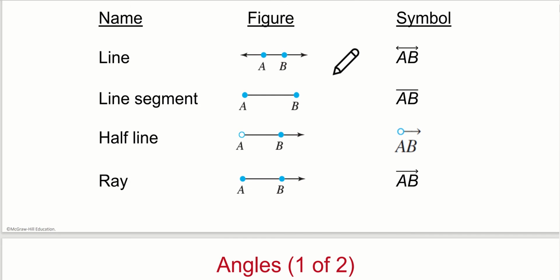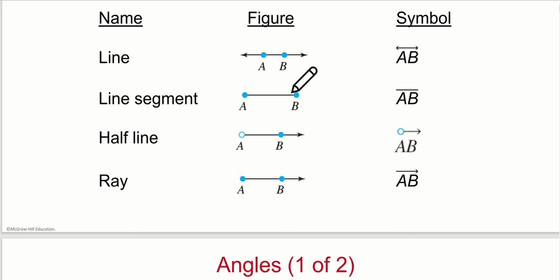We also have some other types of lines. So we've discussed that a line in general goes infinitely far to the left and to the right. If we have a line segment, that is a straight line that has a finite length. Here, this is the line segment AB.